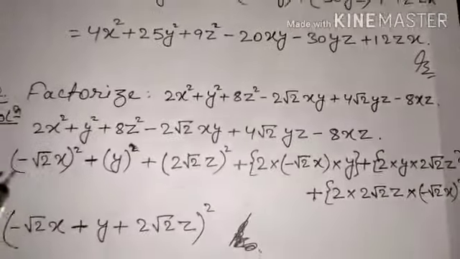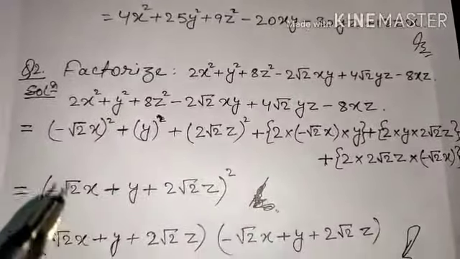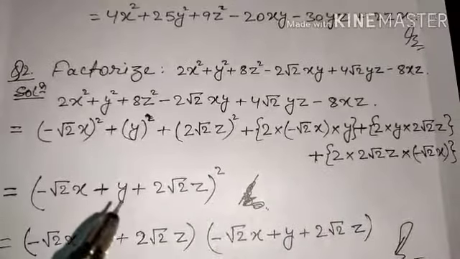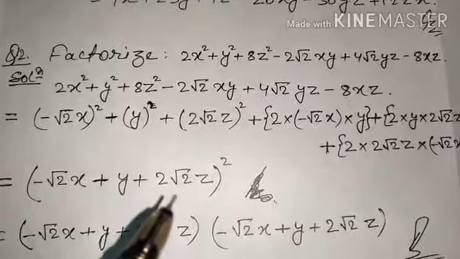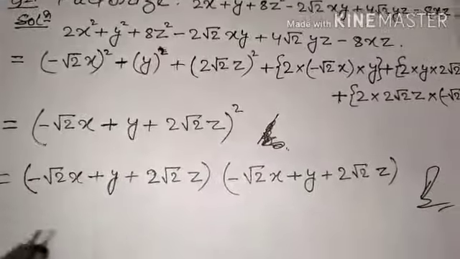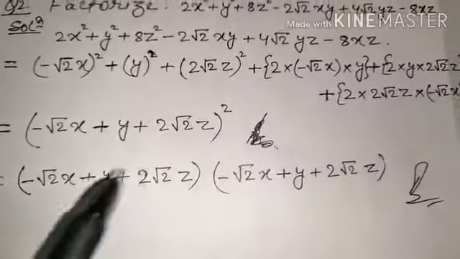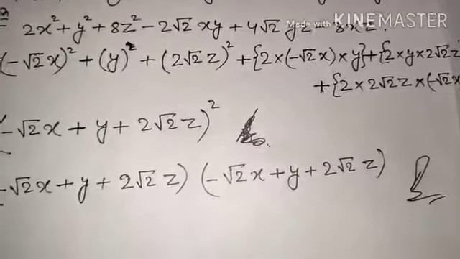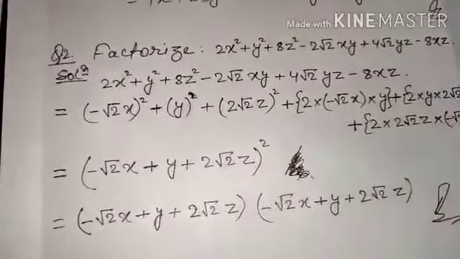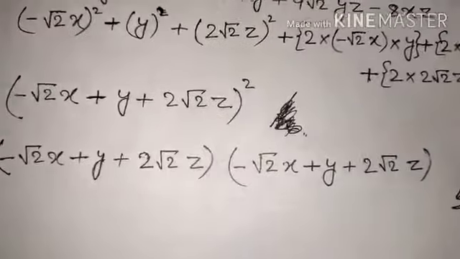So we can convert them easily by using the identity, that is a plus b plus c whole square, and the value of a is minus root 2x, value of b is y, and the value of c is 2 root 2z. So that is the whole square. So whole square means both are going to multiply the same twice. Okay, now this is the final answer.